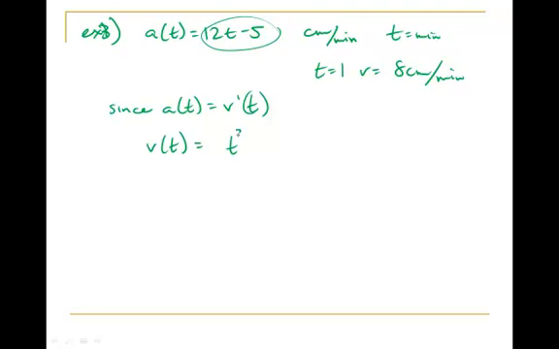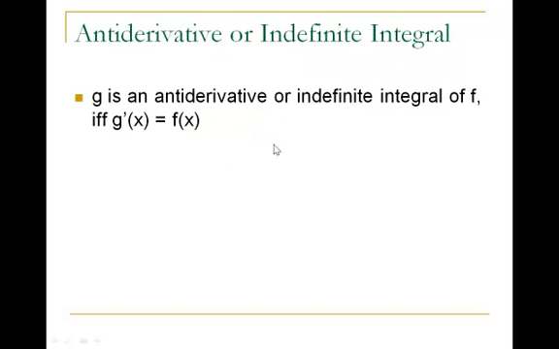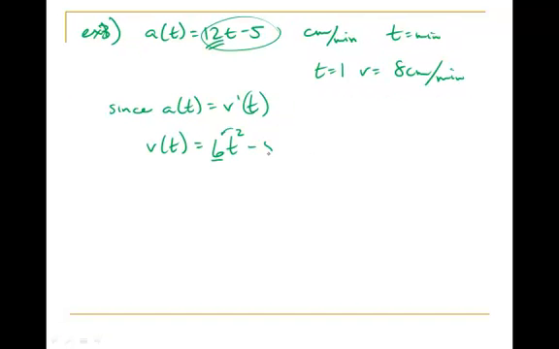Well, it's got to come from a t squared because I dropped the power. What number would have to be in front of this so that when I dropped the 2 down I would get a 12? So it would have been a 6. Minus, this would have had to have come from a t, and since there is no power to bring down there, it would be 5t.